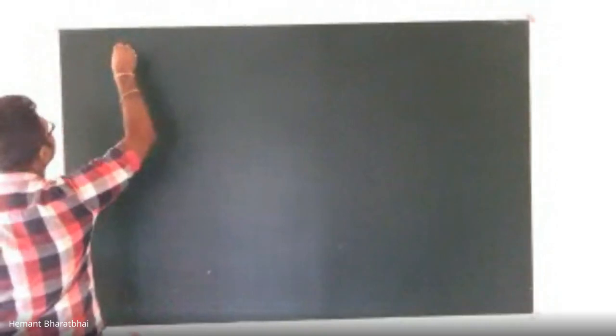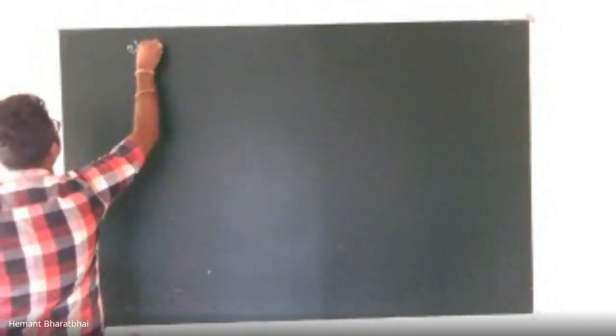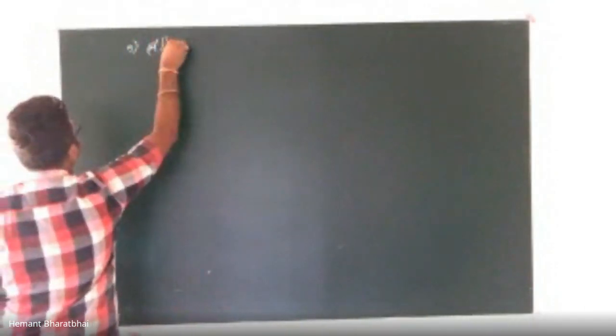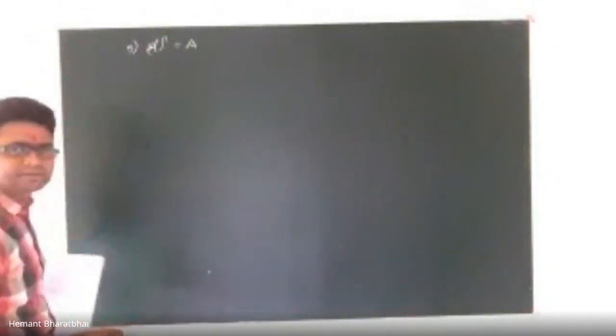So we have seen these 4 properties. Next property. These are properties of the transpose of a matrix. I will prove some and others you will have to prove. So the next property is: A transpose of the whole transpose is the same matrix.